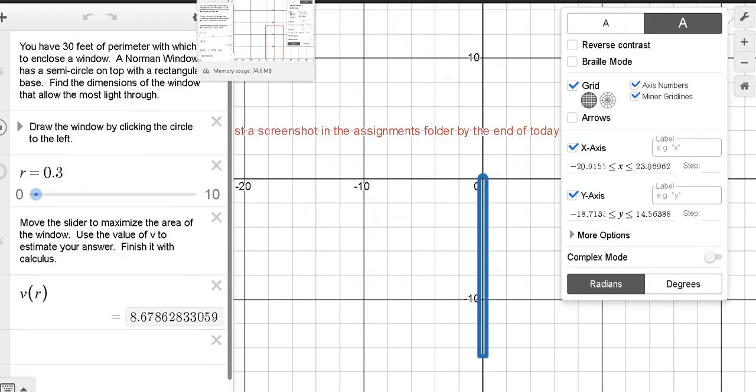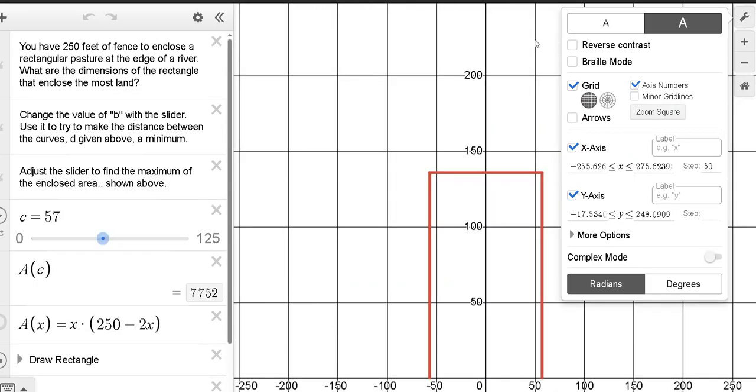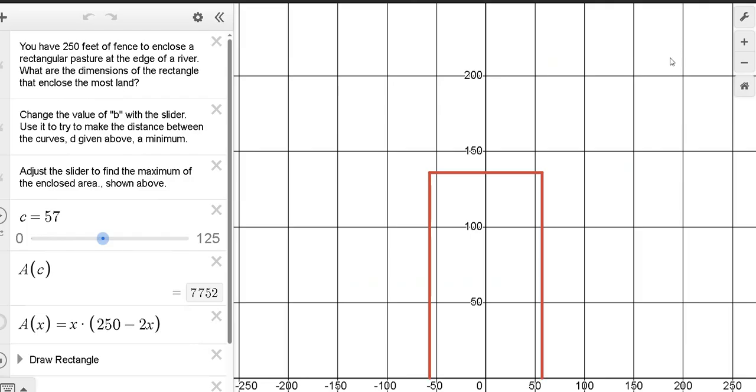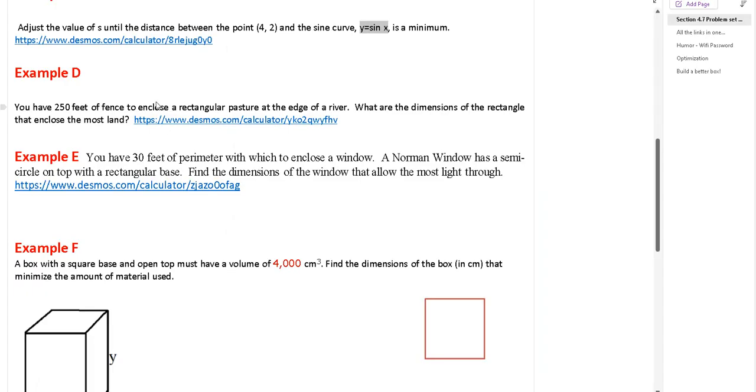So one of the cool things that I can do with Desmos is something I couldn't do before Desmos, when I had to rely on your imagination afterwards. So for example D, we've got 250 feet of fence, and we're going to enclose a rectangular pasture near the edge of a river.